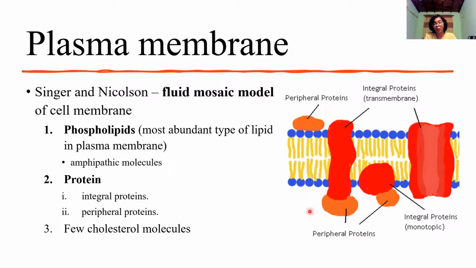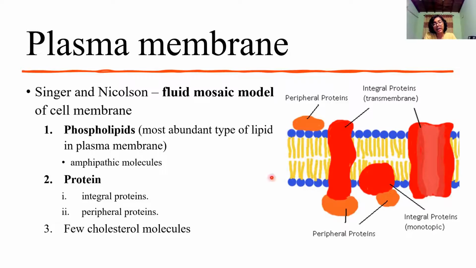So this is water. And why do we call these phospholipids amphipathic molecules? Because they have a water-liking part and a part which doesn't like water. So this is the hydrophilic head and hydrophobic tail.